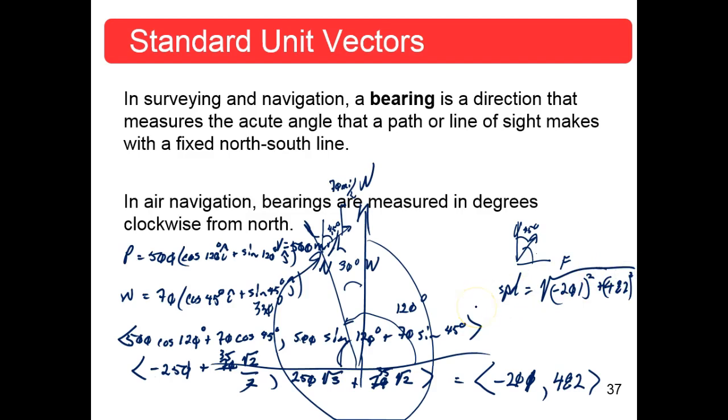Now someone punch that in and see what your speed is. 522? Okay. They got 522.5. I don't know where they got the extra thing, but so that's 522 miles per hour.